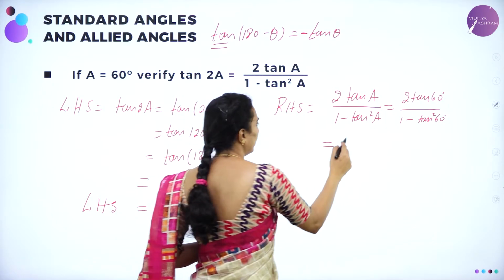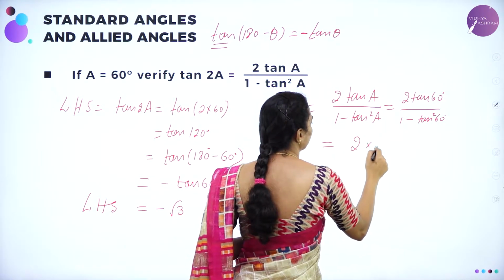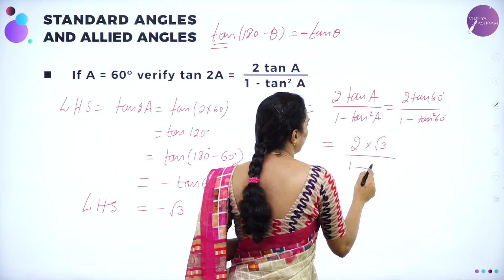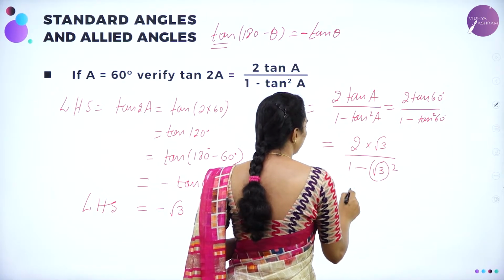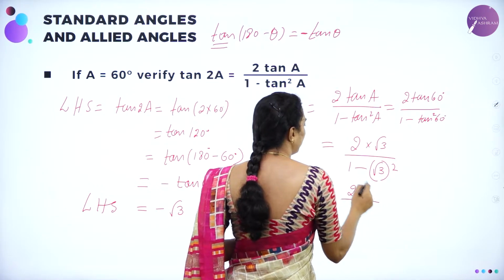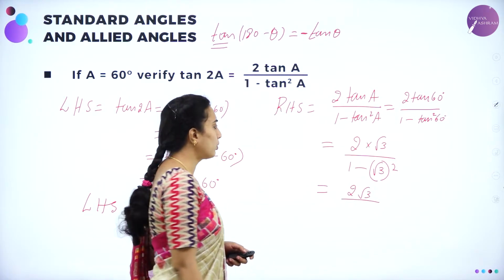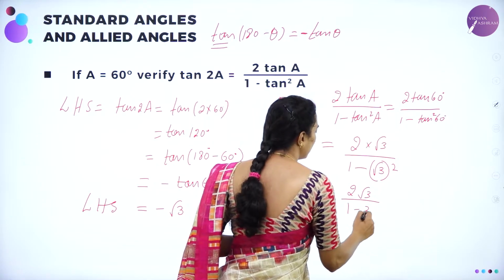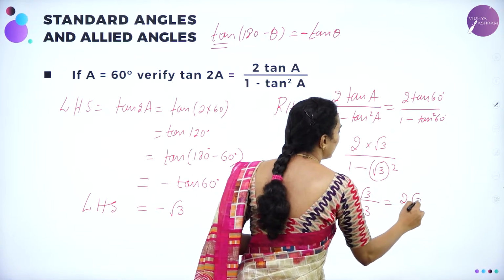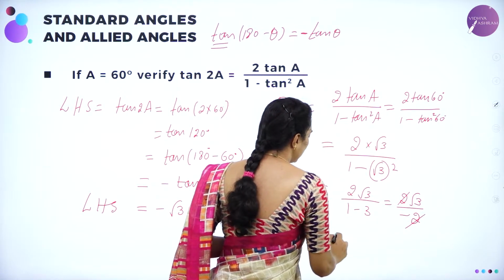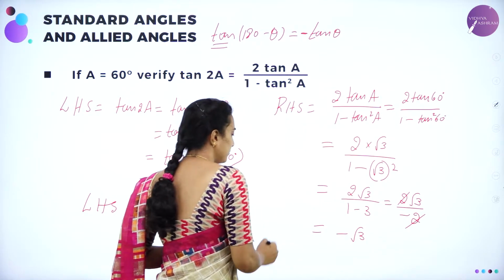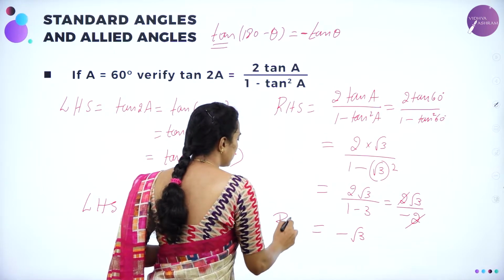Let me substitute that: 2 into root 3 divided by 1 minus root 3 whole squared. Now this will become 2 root 3 divided by 1 minus 3, which is 2 root 3 divided by minus 2. 2 will get cancelled. You are going to remain with the value minus root 3, which is your RHS.